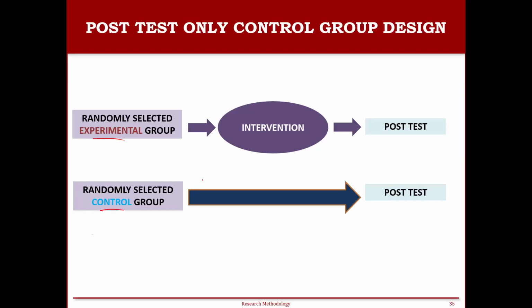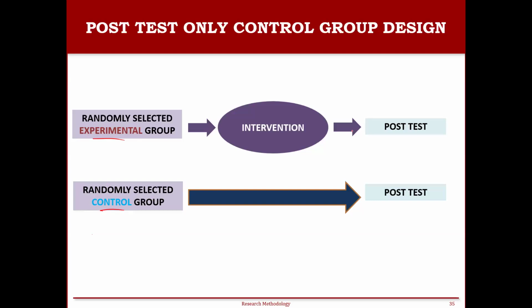We randomly select an experimental group and a control group. For the experimental group only, we do the interventions. We don't apply any interventions to the control group. Only for the experimental group, we do everything we have identified.